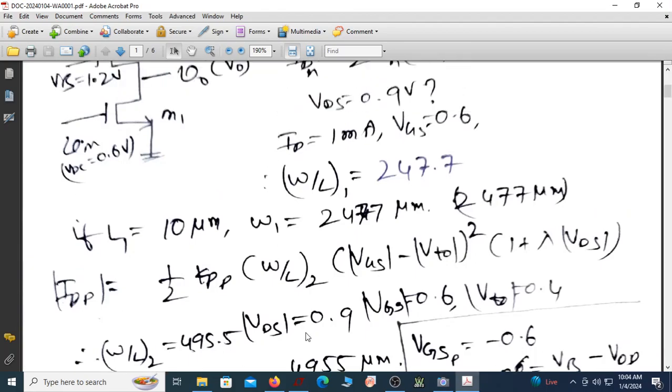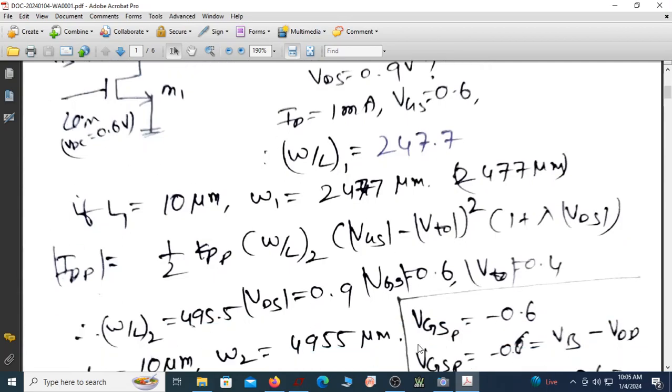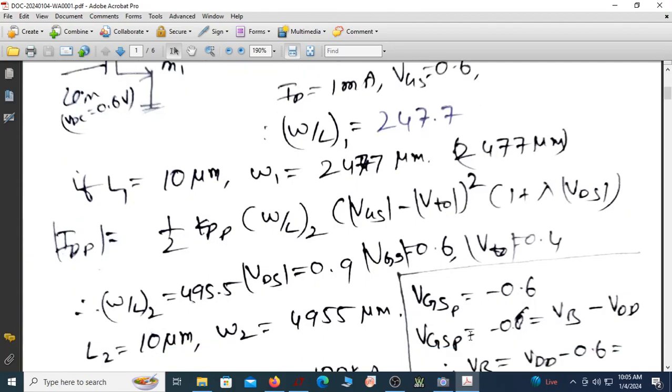Now the question is, what is this bias voltage VB? VGS magnitude is 0.6, but what is VGS for the PMOS? It is always a negative voltage, so VGS is minus 0.6. What is VG now?